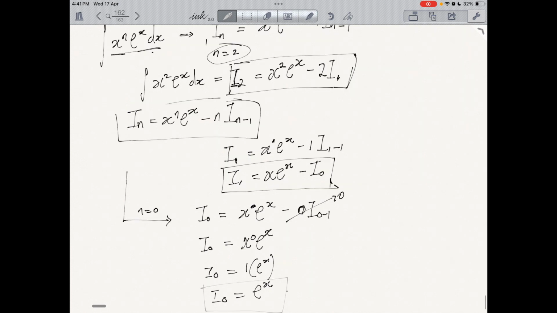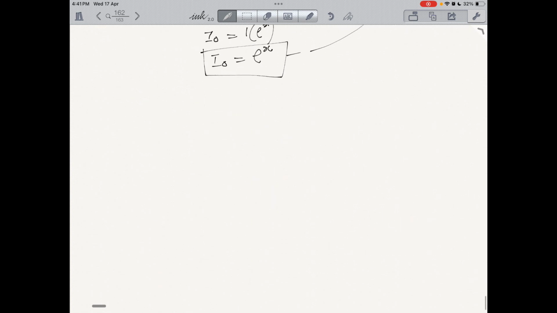We will now substitute the value of I naught into I1, and we substitute the value of I1 into I2. So let's rewrite the expressions. I naught is exponential x. The expression for I1 is x exponential x minus I naught, and the expression for I2, which is the question itself, is x squared exponential x minus 2 I1.